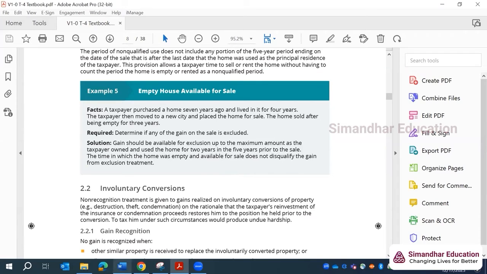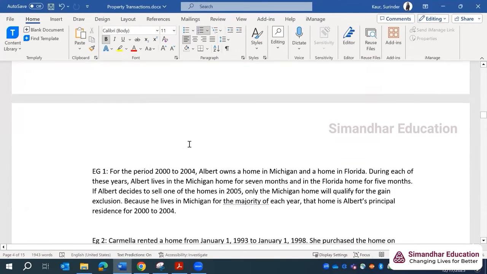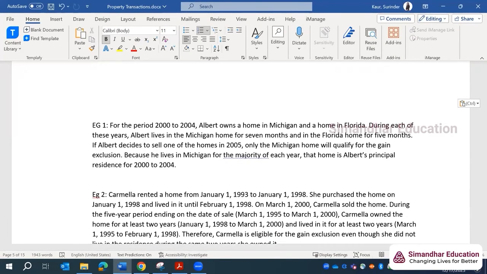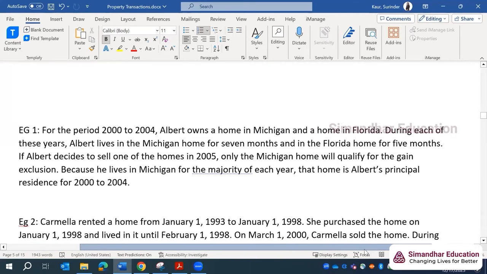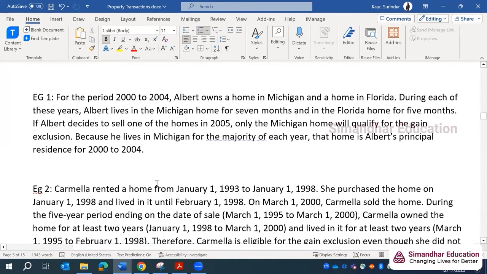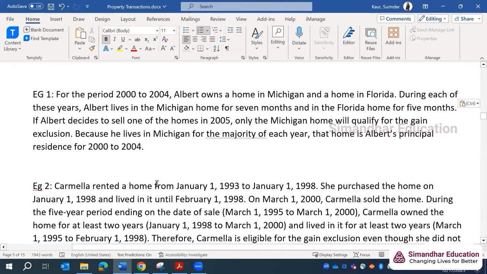Okay. We'll do a few more examples on this concept. So let's look at example number 1. For the period 2000 to 2004, Albert owns a house in Michigan and a home in Florida. During each of these years, Albert lives in the Michigan home for 7 months and in the Florida home for 5 months. If Albert decides to sell one of the homes in 2005, only the Michigan home will qualify for the gain exclusion.